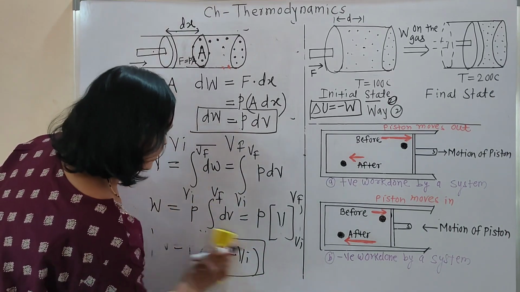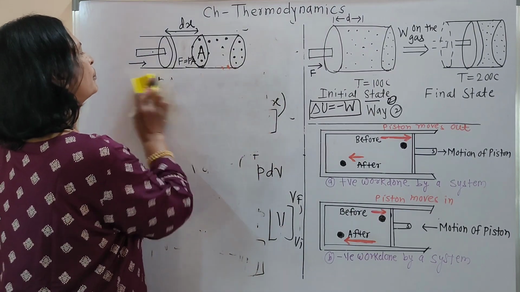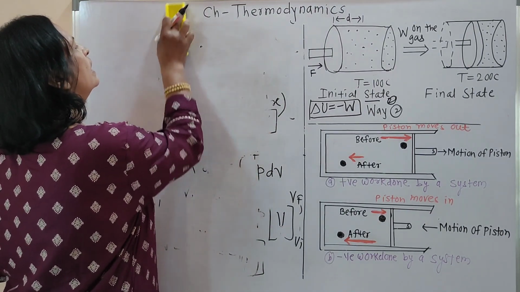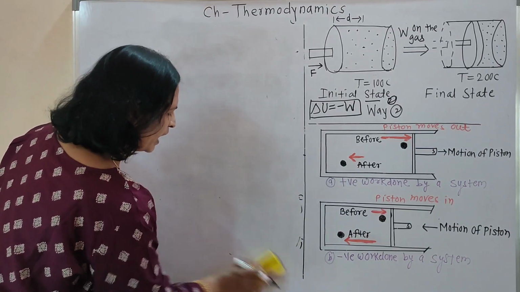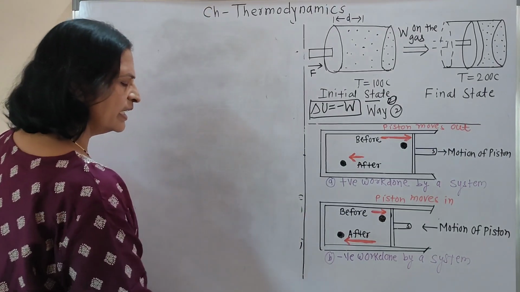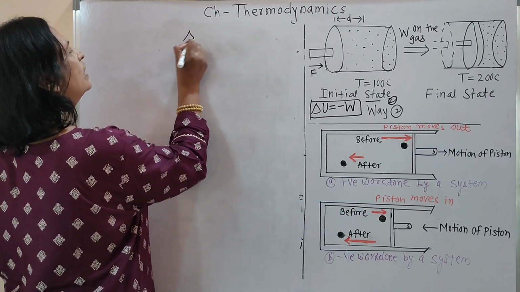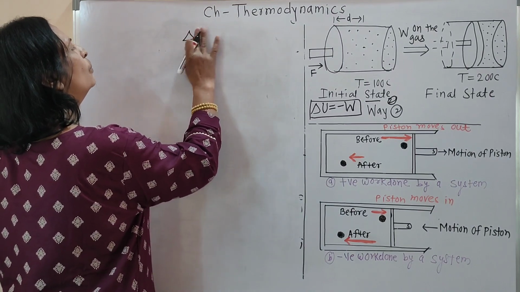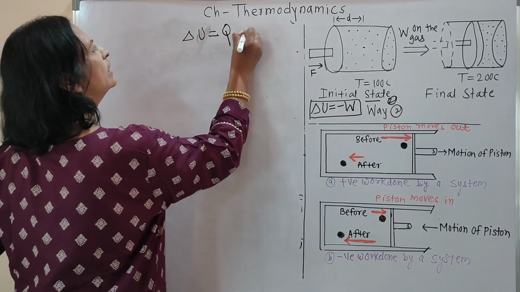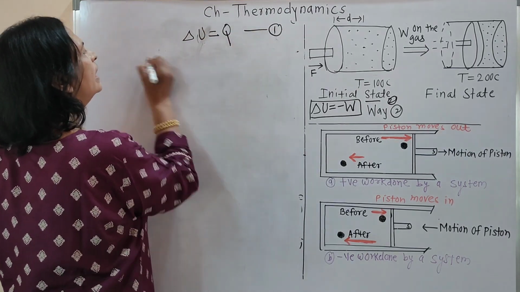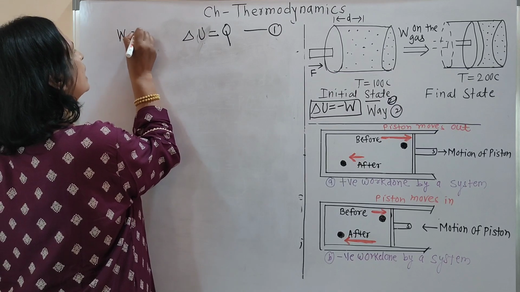Now we have to derive the mathematical statement of the first law of thermodynamics. Just now we studied the first equation: delta U equals Q. This is the first way to increase the internal energy, when work done is 0.